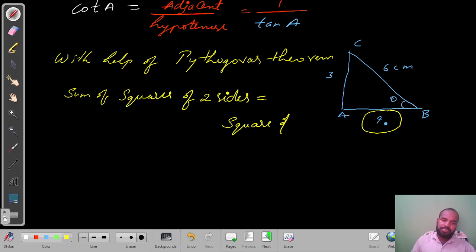What I told you here: sum of the squares of two sides is equal to hypotenuse square.